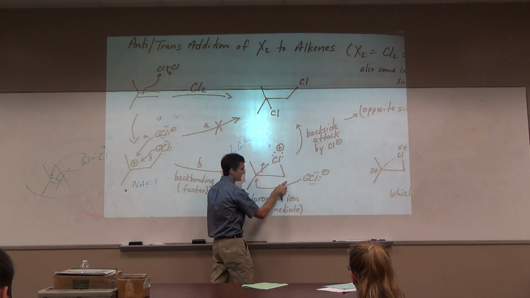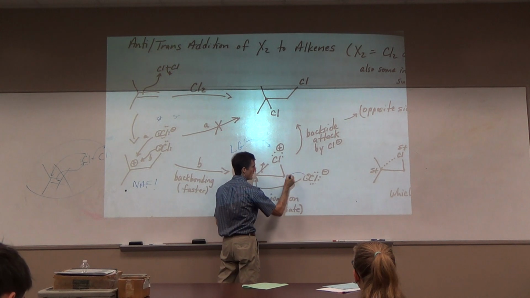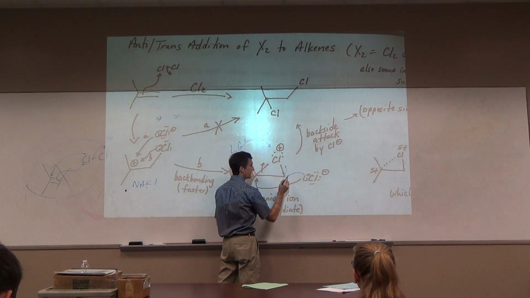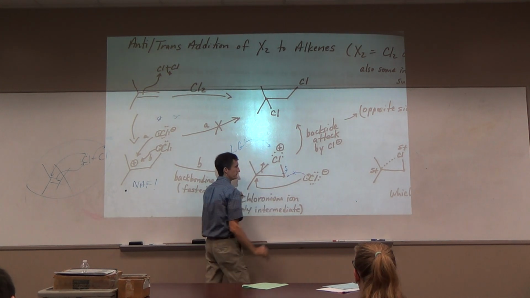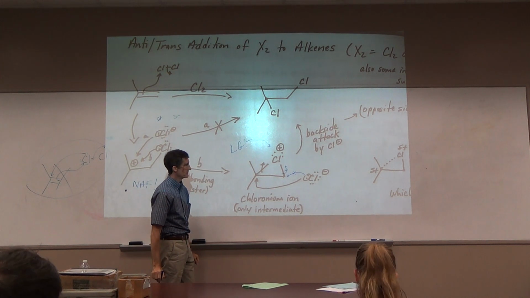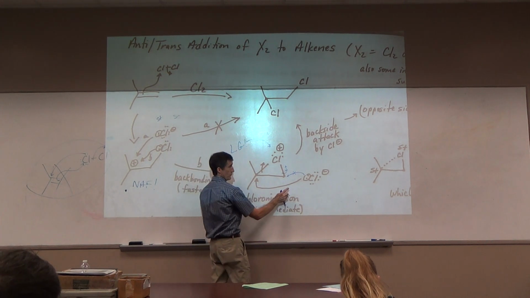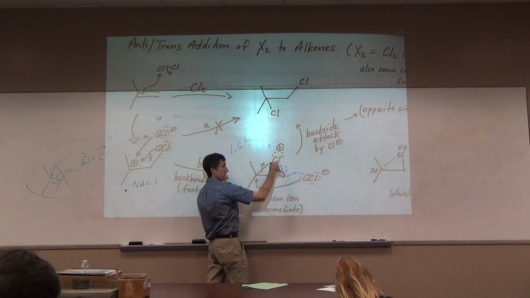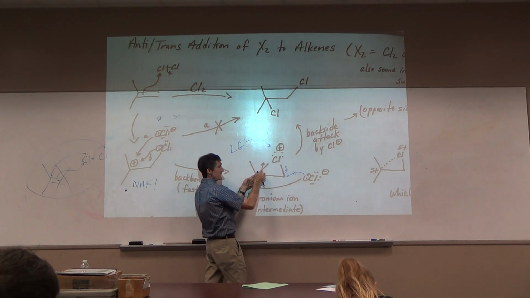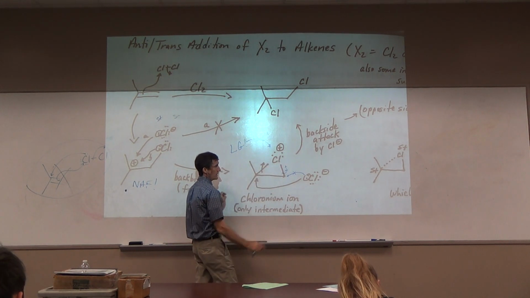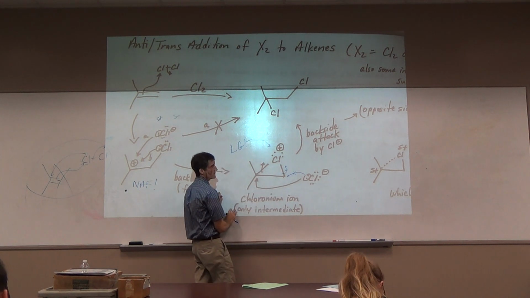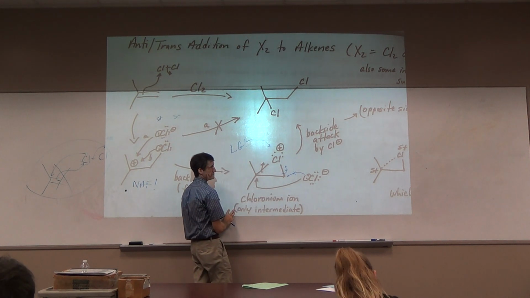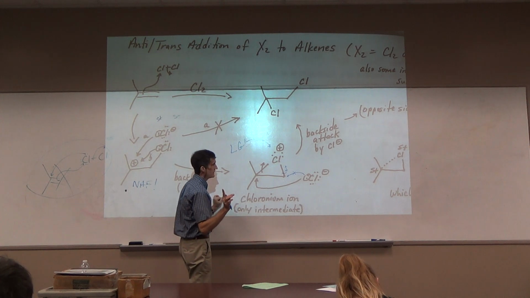We're okay. Let me show you this here. We could have attacked here and kicked the chlorine off of that. We're not doing that there. Why not attack this carbon and kick the chlorine off of that? Because if we had done that, it would have been the same product as well. Here's the take-home.